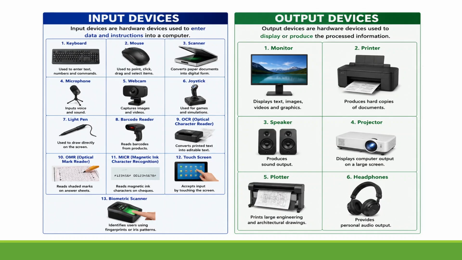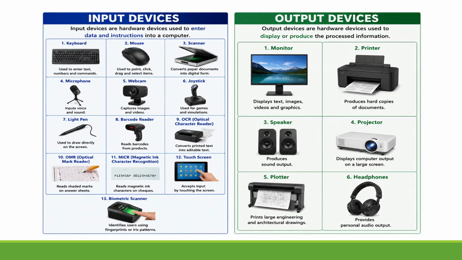One is the monitor, to display content to the user in the form of text, images, videos, or graphics. That's an output device. Here it is a monitor. The second one is a printer.